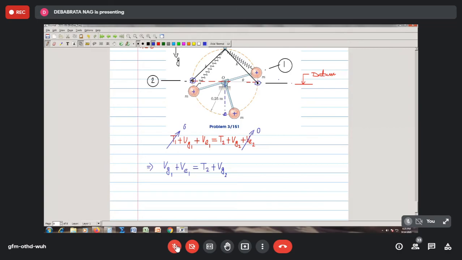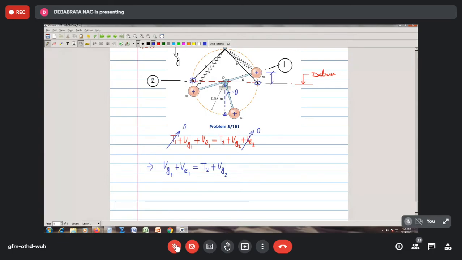So what we see is that if this is theta, then this must also be equal to theta. So the position of these three masses at position 1 from this datum line will be how much? From here, this will be one height. I can call this H1, the first mass.